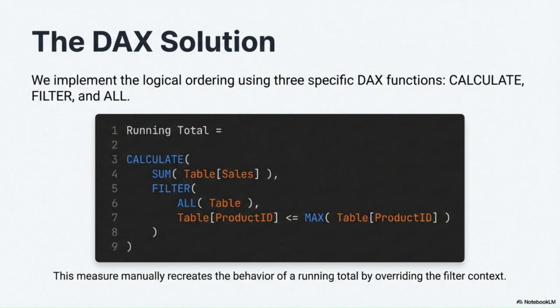Here we use CALCULATE to modify the filter context and FILTER to define which rows should be included. FILTER scans the table and selects the rows based on a condition, typically something like rank less than or equal to current rank. This logical condition replaces the role of a date timeline.